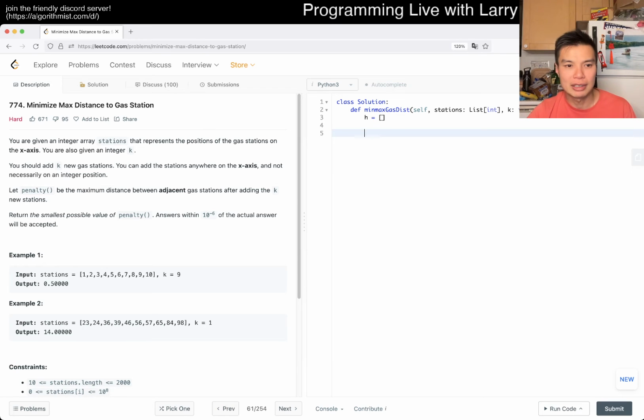So then for x, y in zip of stations, basically for every 2 adjacent stations, we want to set up y minus x and then 1, right? Something like this. That's the distance, that's the numerator, and this is the denominator.